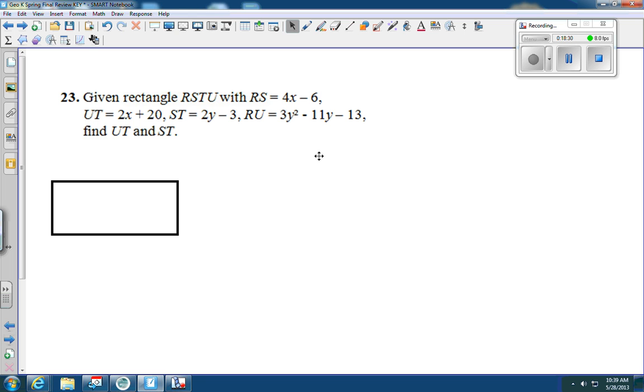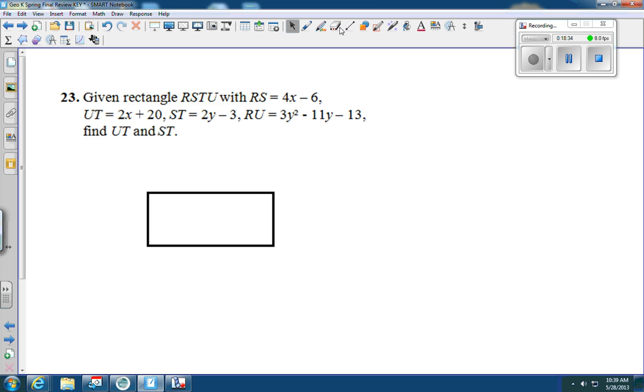Okay, 23. We have a rectangle, RSTU, so let's label this figure RSTU. RS is 4x minus 6. Sorry, it's not working right today.